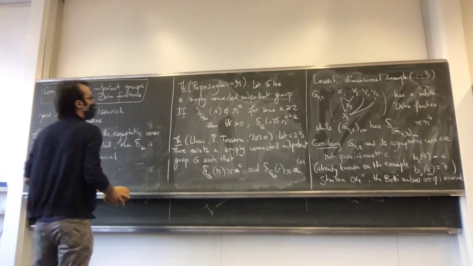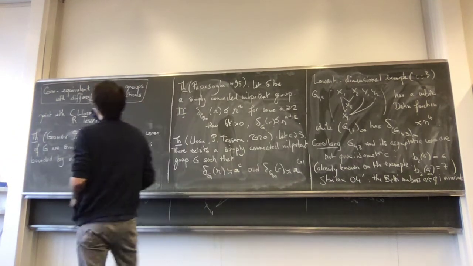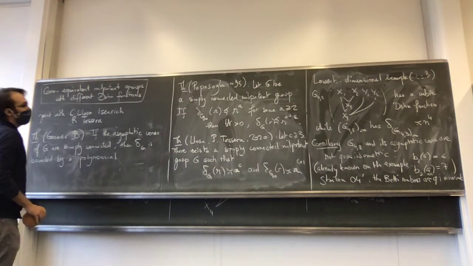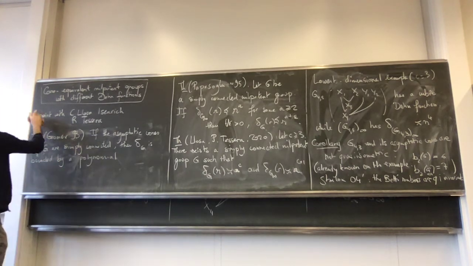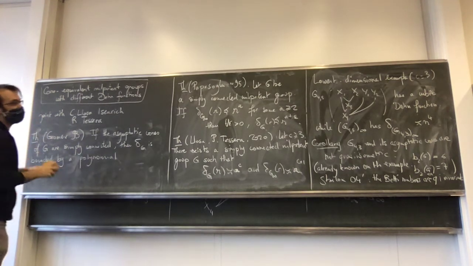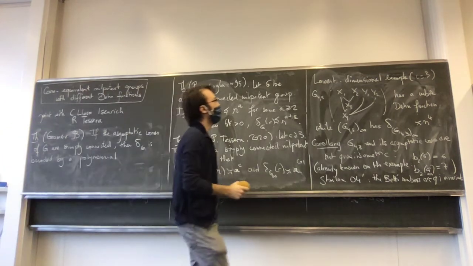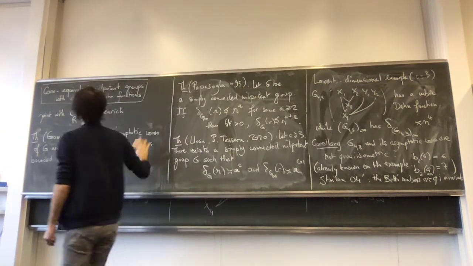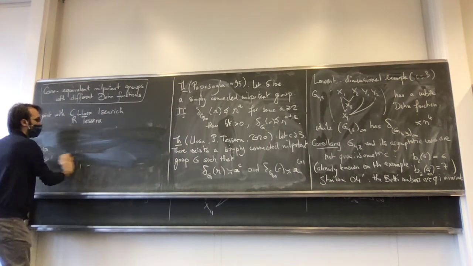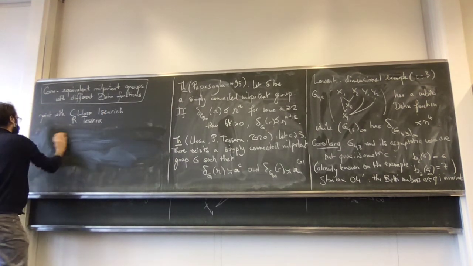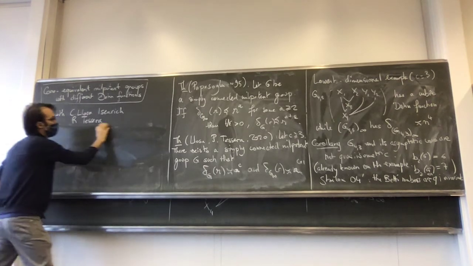I will not say more in this direction because I want to talk about the centralized Dehn function. This will be my last part. I will discuss how we obtain lower bounds on the Dehn function. Our theorem was triggered by this example, spotted by Yves Cornulier.